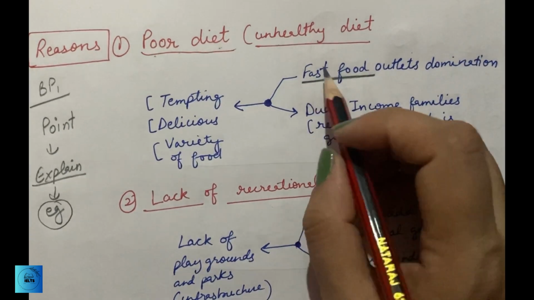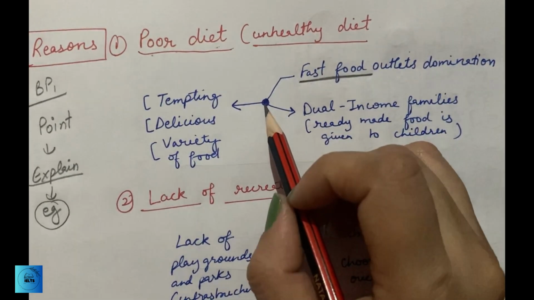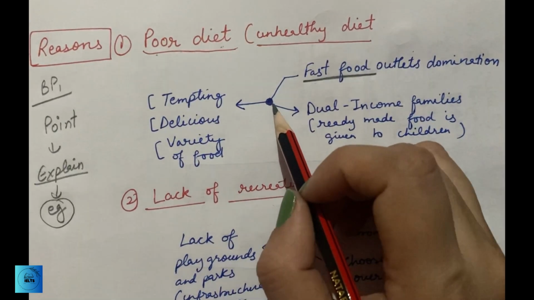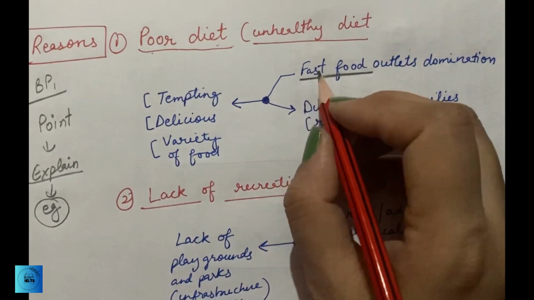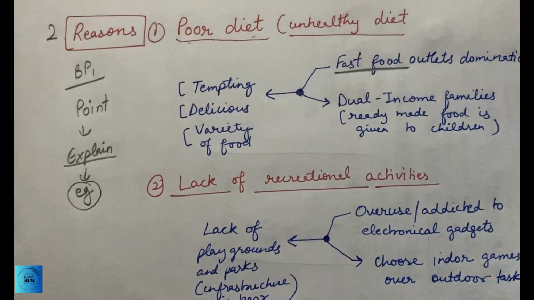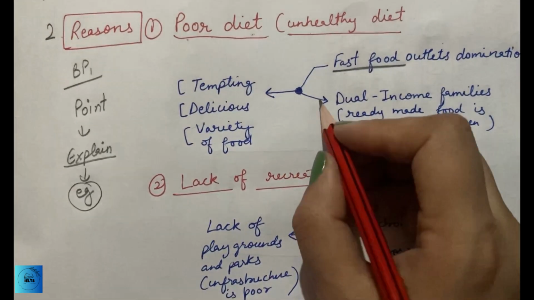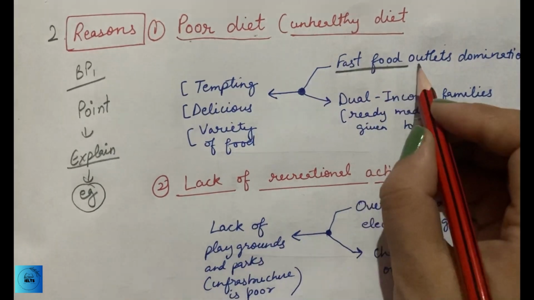So first thing, why do people nowadays eat more junk food? Why were people not that much interested in fast food in the past? The very first reason that today people prefer fast food is fast food outlets.